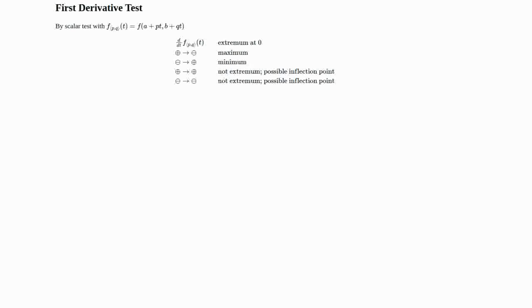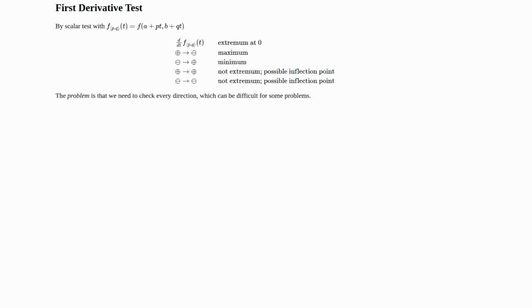So if the derivative goes from a positive value from below 0 to a negative value, then you had a maximum of f_pq at 0. If it went from a negative value for t less than 0 to a positive value at t above 0, then you had a minimum. If it didn't change sign, it's not an extremum. It's a possible inflection point. And you can do this for every single direction.